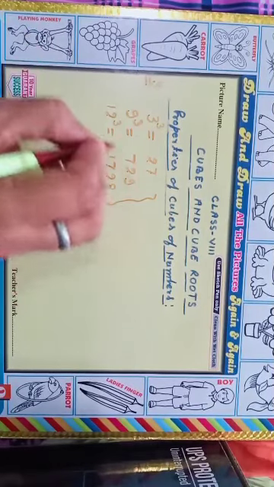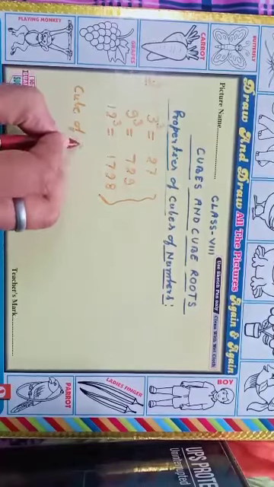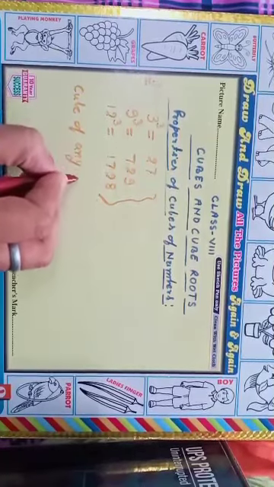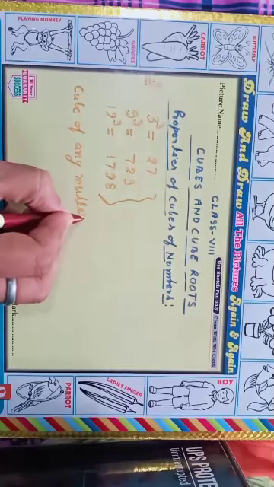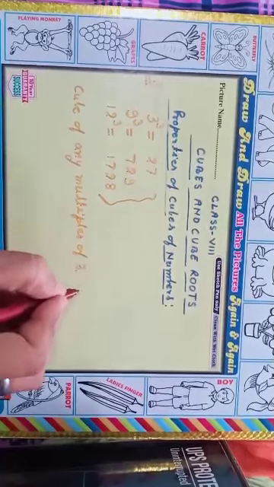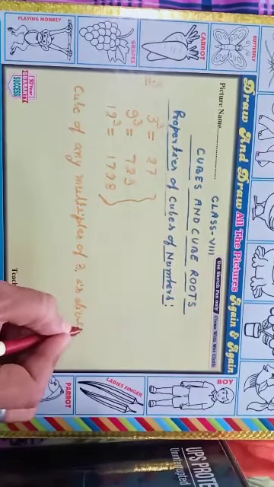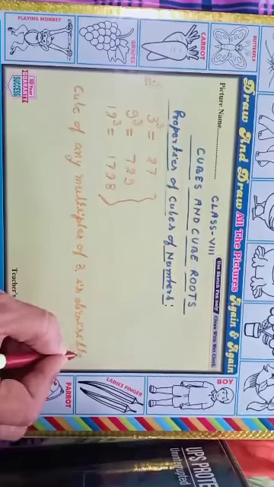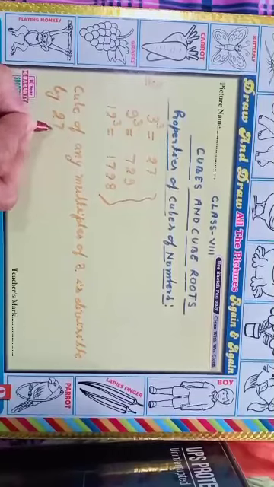Means the cube of any multiple of 3 is divisible by 27.